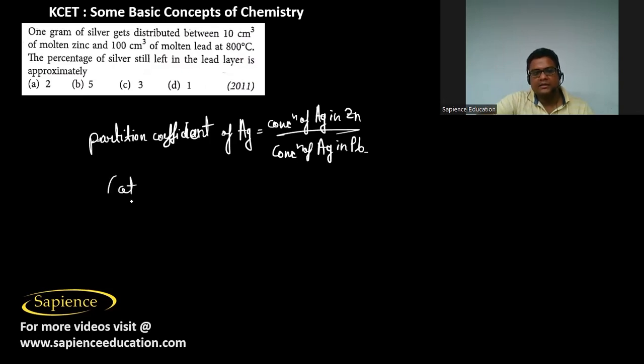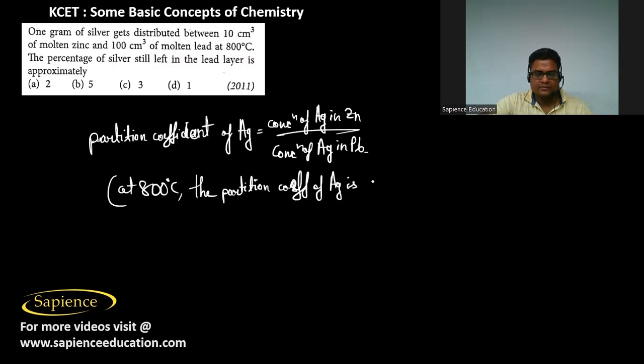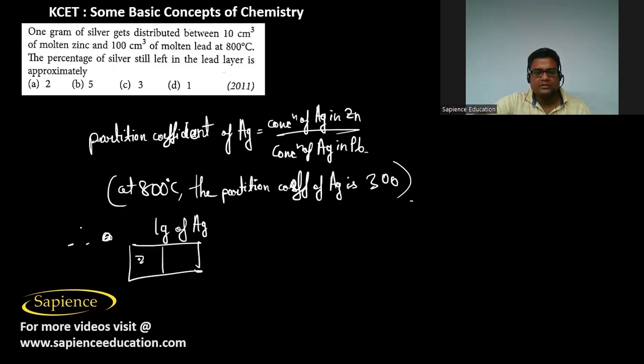And at 800 degrees Celsius, the partition coefficient of silver is given as 300.